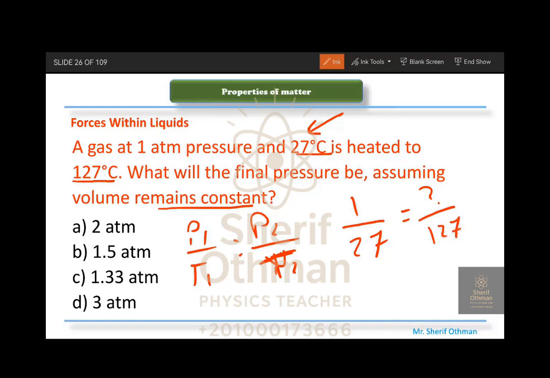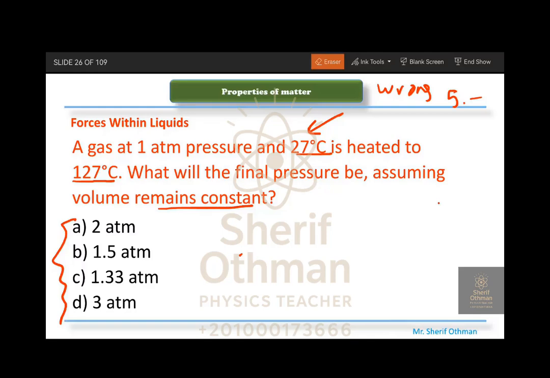So the answer will be 127 divided by 27. The new pressure will be almost 5 atmospheric pressure. The answer doesn't exist here. So let's write the wrong answer here, 5 point something.